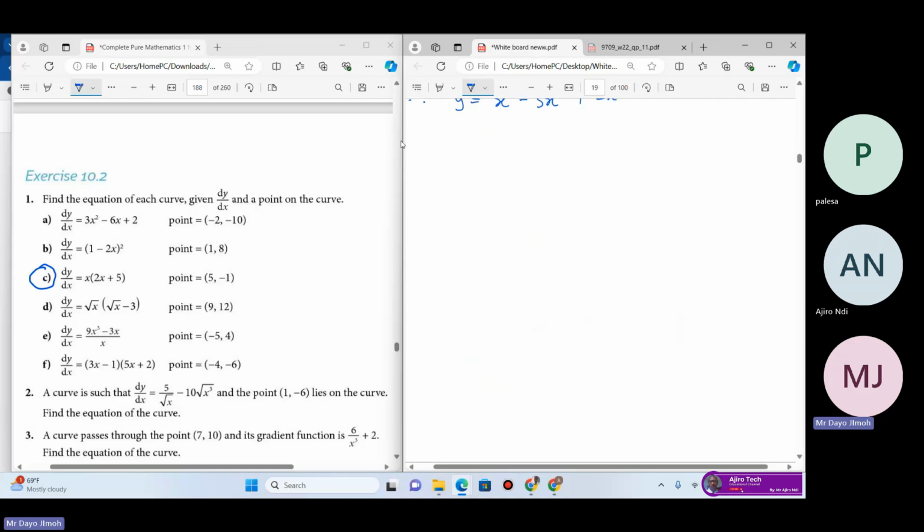So it says number 1C, dy/dx is x into 2x plus 5. That is 2x squared plus 5x. y is now the integral of 2x squared plus 5x, which is 2x to the power 3 over 3, right?